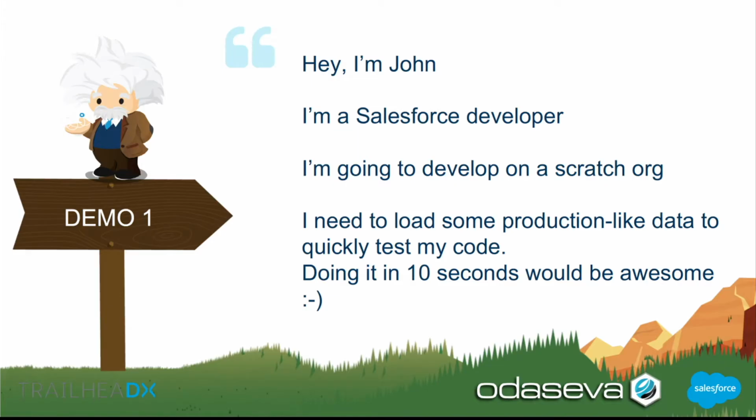But with this, let's take the first demo: if I'm a developer, I don't want to spend too much time to do this very complex data migration where you have to rebuild all of the relationships. I would like, in 10 seconds, to put some relevant business data into my Scratch org so that I can quickly develop.